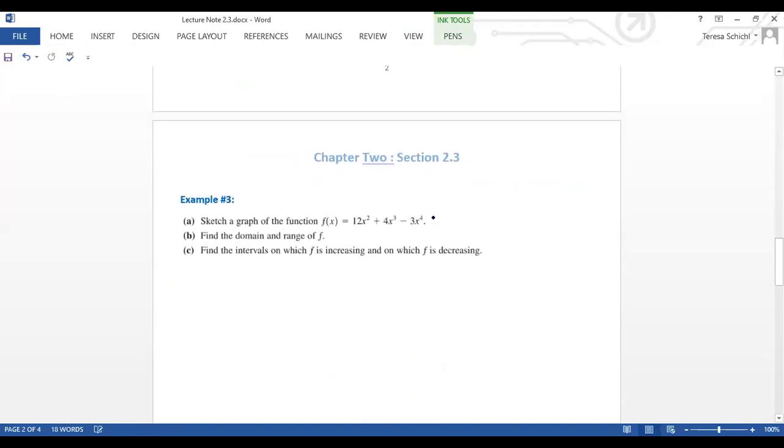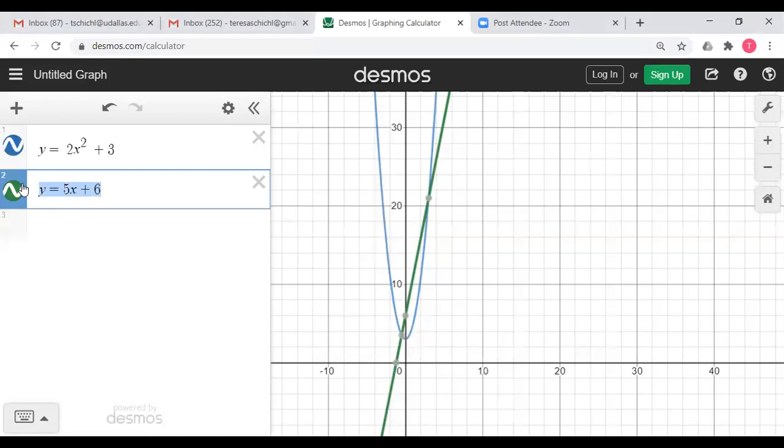Okay, now the next one. It says sketch a graph of the function 12x squared plus 4x cubed minus 3x to the fourth, then find the domain and the range. We also want to know where it is increasing and decreasing. Let's stop here and go to our famous Desmos, I really like this software.